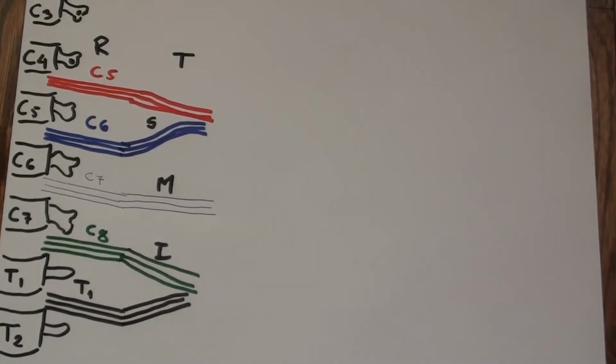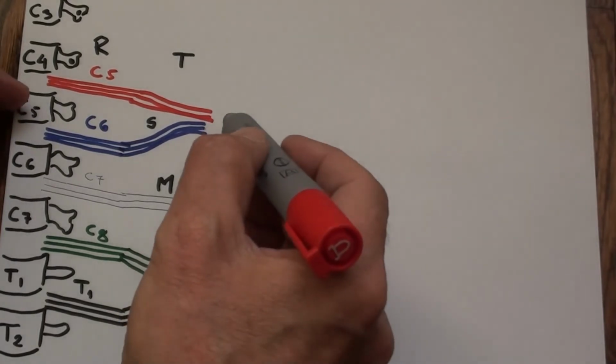Next is a bit more complicated part where all three trunks, superior, middle, and inferior, will need to split and generate their own anterior as well as posterior divisions. So let me try to explain what exactly is going to happen and how I plan to illustrate this part of the diagram. We need to create a mix of red and blue colored fibers that'll go this way.